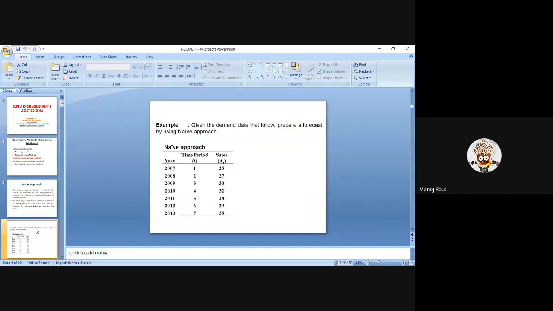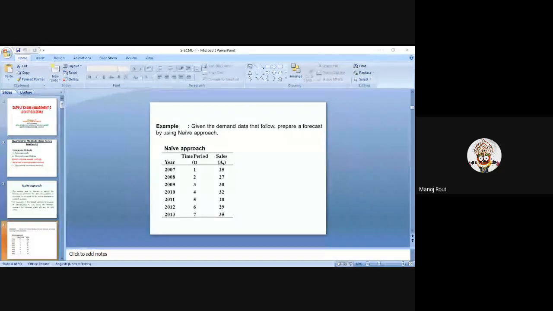Sales are given as 25 for 2007, 27 for 2008, 30 for 2009, 30 for 2010, 32 for 2011, 28 for 2012, and 29 for 2013. Just note down these values, then I will proceed.